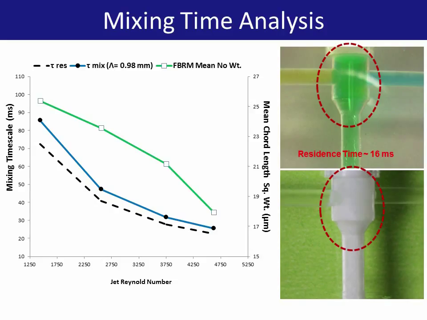This is consistent with the findings of the crystallization runs, where the FBRM mean chord length was found to decrease with increasing Reynolds number. However, even at the maximum rate of throughput, the mixing was not sufficiently fast to reach the minimum plateau in crystal size that would show that the crystallization was free of mixing limitations.